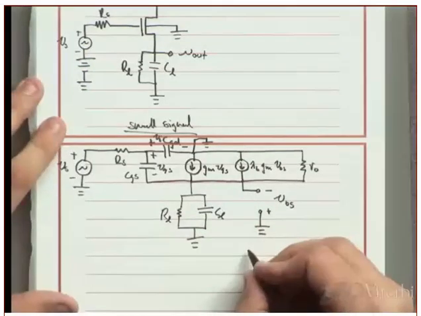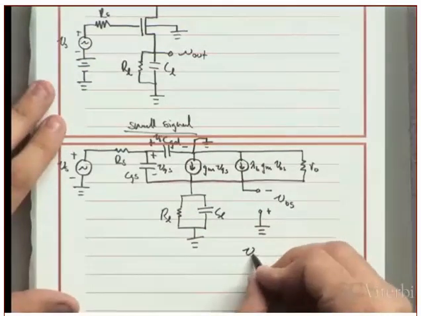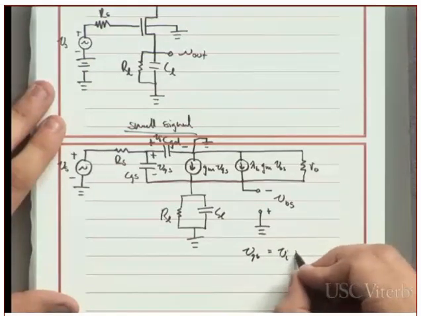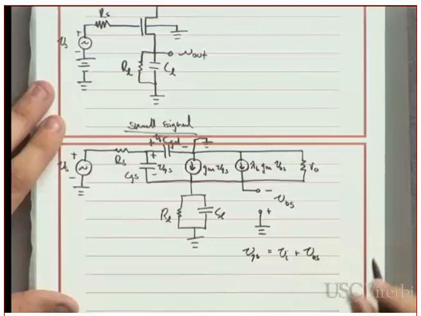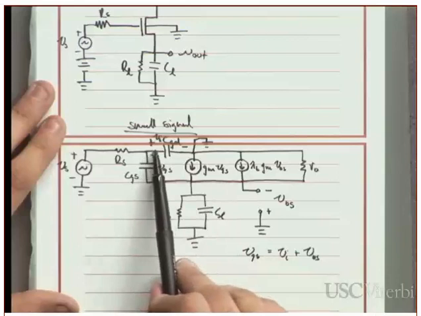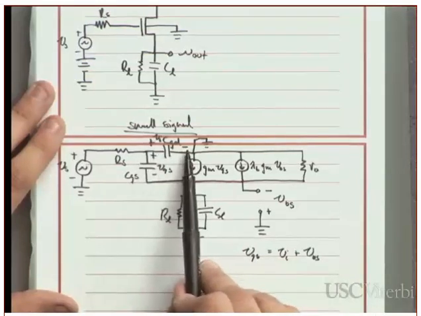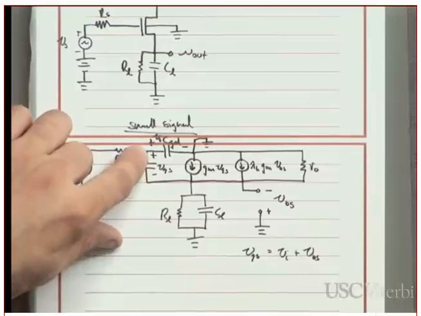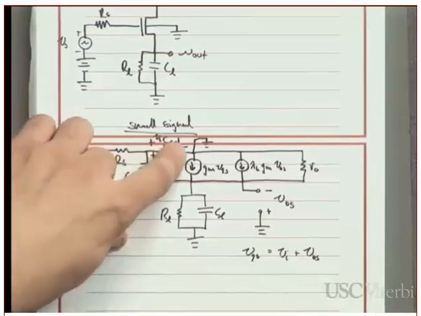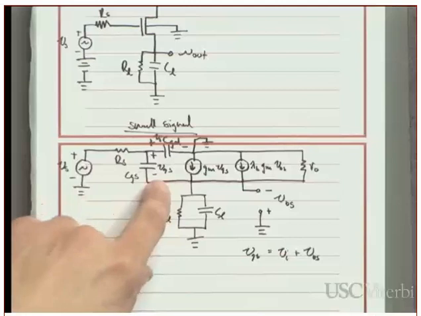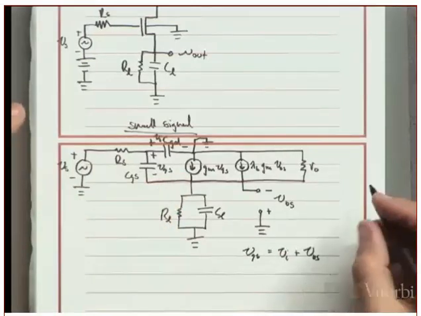But basically, simplifications that I want to note here: VGS is equal to VI plus VBS, because VBS is this voltage from here to here, and VI is the voltage from this point to ground now. So my VGS is now equal to VI plus VBS, which is actually the negative of the voltage at this point. Okay.